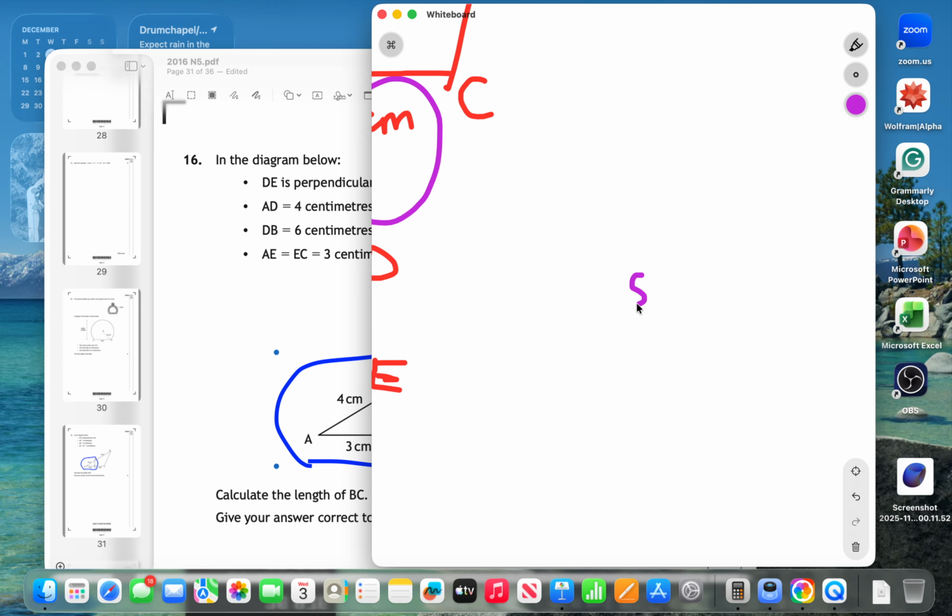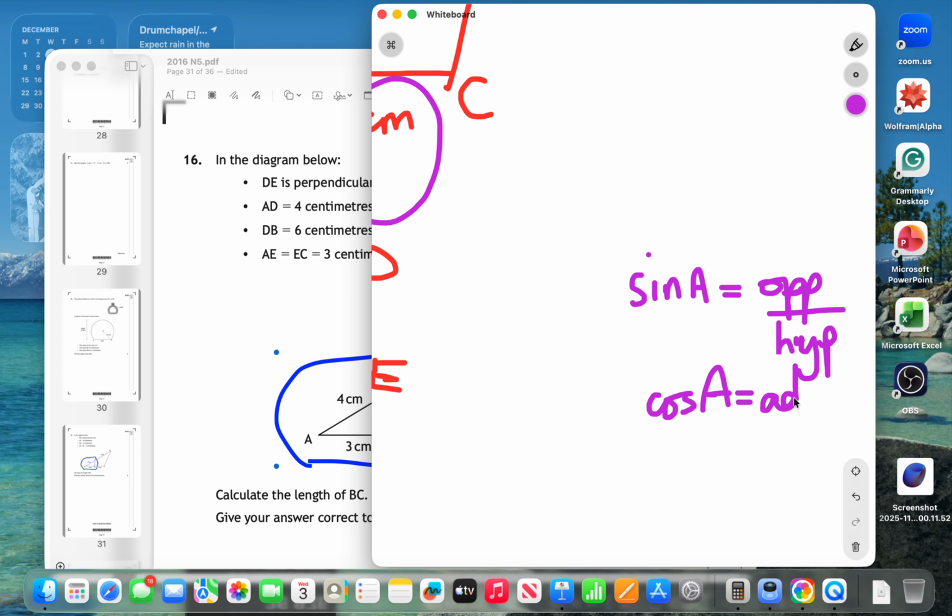And we know that sine of A equals the opposite over the hypotenuse. Hypotenuse is the longest side. The cosine of A equals adjacent over hypotenuse. The adjacent one is simply the one that's not the longest side and is not the one opposite.